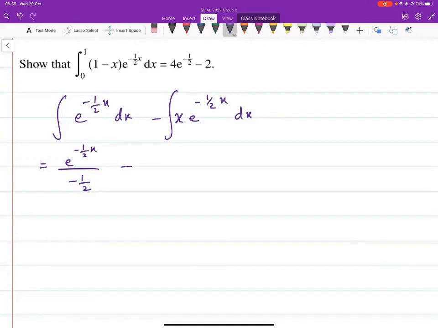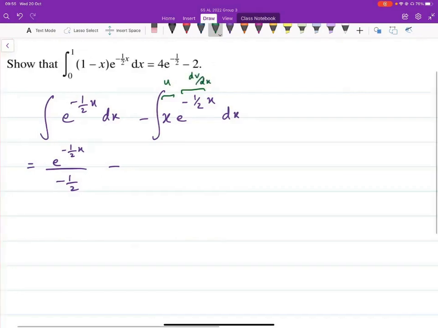X is algebraic, e is exponential. In ILATE, x comes first, e comes at the end. So x हमारा u होना चाहिए और e हमारा dv over dx होना चाहिए, right? Okay, so this is u and this is dv over dx.